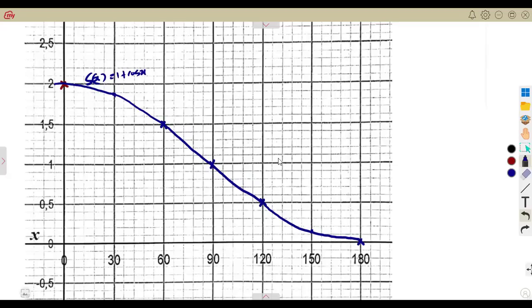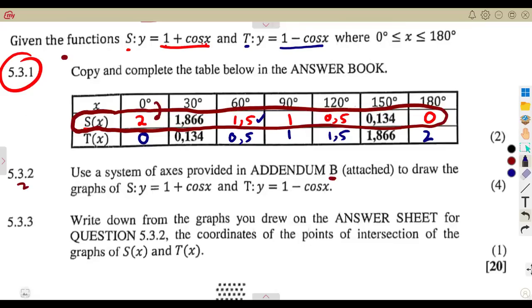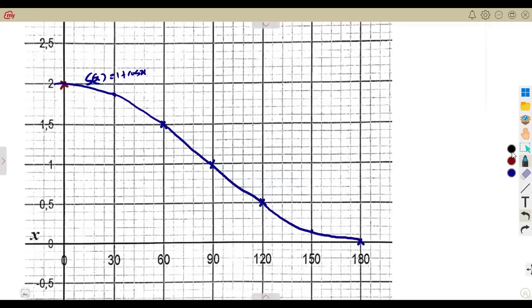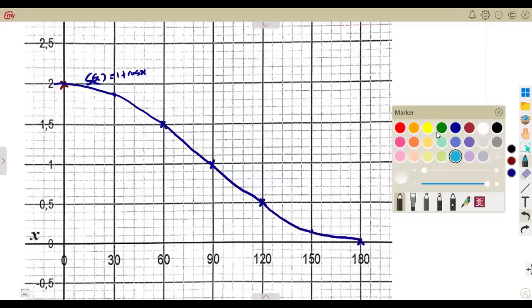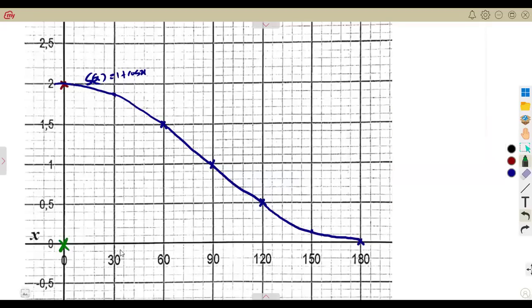We move on to the other one, doing the same thing, marking the points corresponding to the angles. What we had is 0 versus 0, 30 versus this, and so on, up to the last one. So we have the first one, 0 versus 0. That's a 0 and a 0 here. 30 was versus 1,3, somewhere like that point we had before, guys.